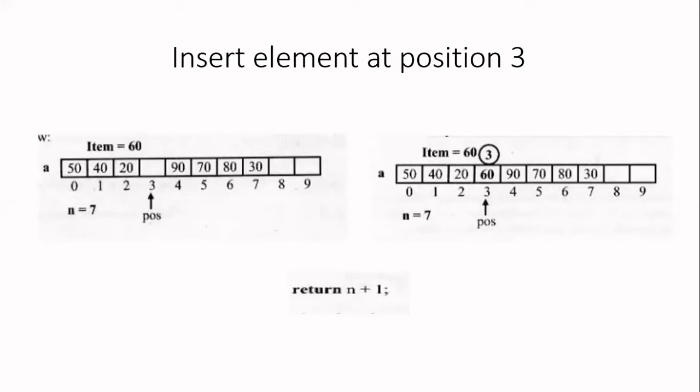This will not be reflected in the main function, because n is passed by value only. So if you want to reflect the new value of n to the main function, you have to return the value of n. Try to understand, this is very, very important. n we passed by value, because it is a normal integer, it is not an array. And inside the function, you added one element.